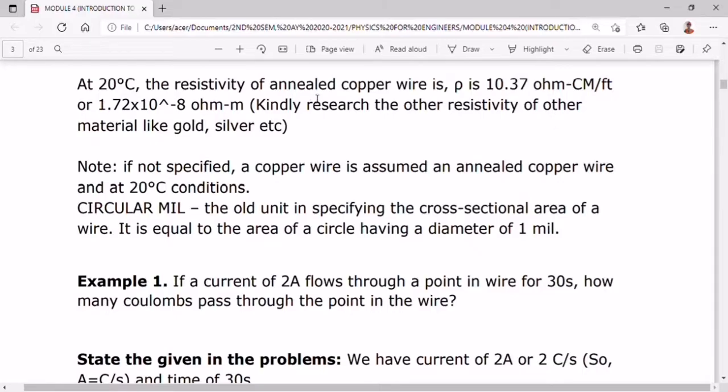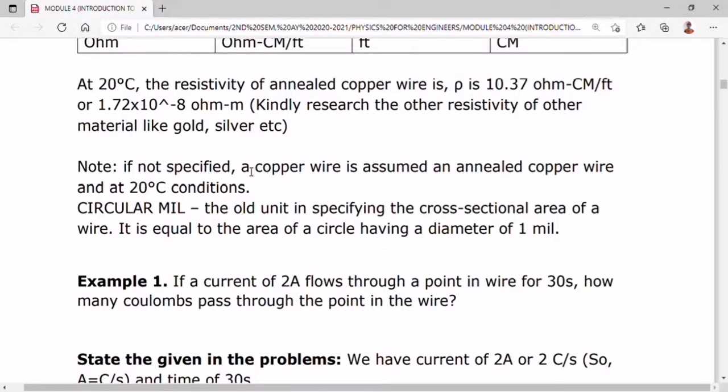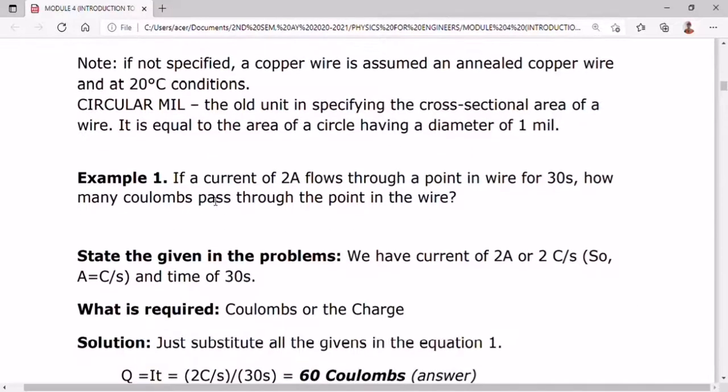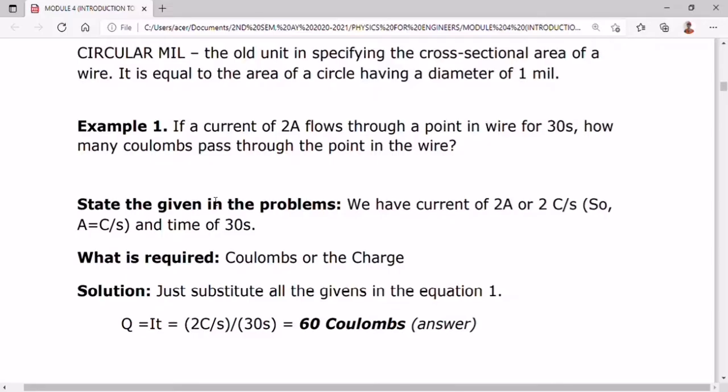Note this great reminder: if in a problem the conductor is not specified, we should assume that it is annealed copper at 20 degrees Celsius. Okay, our first example.